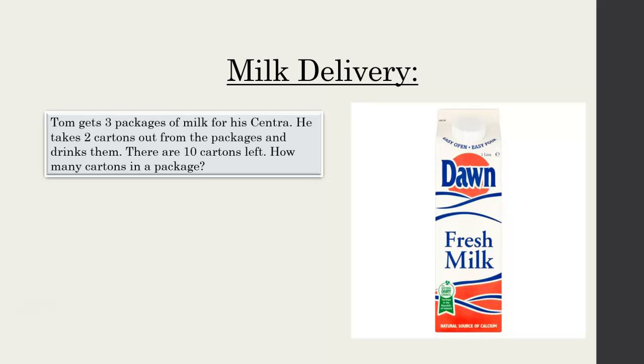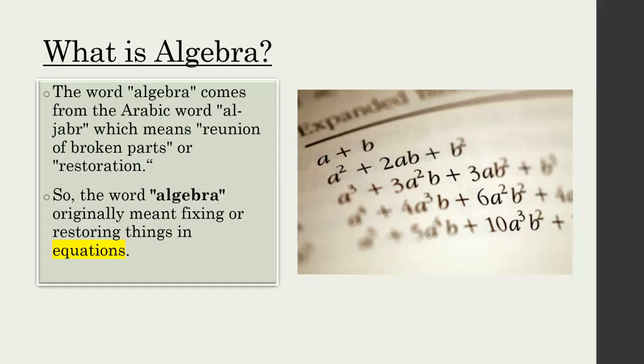Okay, so that seems quite difficult to answer if you try and think about it in your head. But we're going to come back to this later and look at how we might solve it using algebra. So what is algebra? Just a quick little history lesson. Algebra comes from the Arabic word al-jabr, which means reunion of broken parts or just restoration.